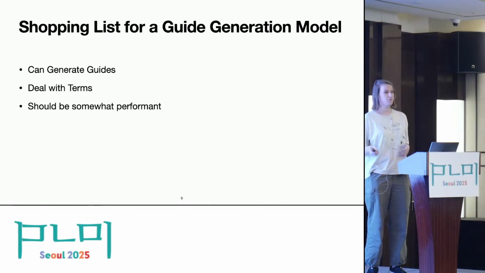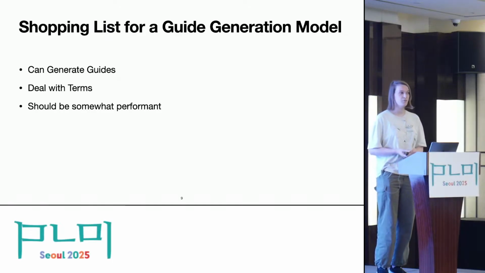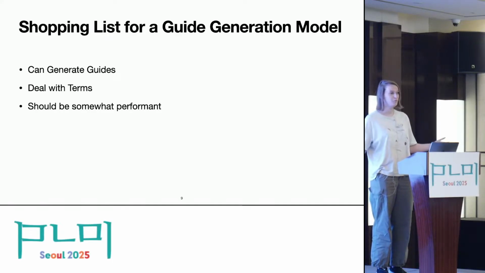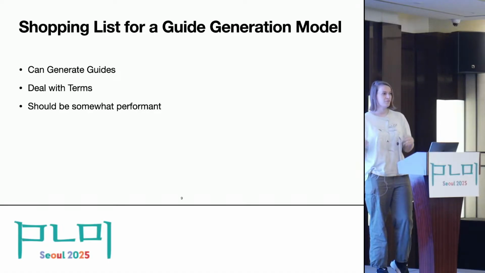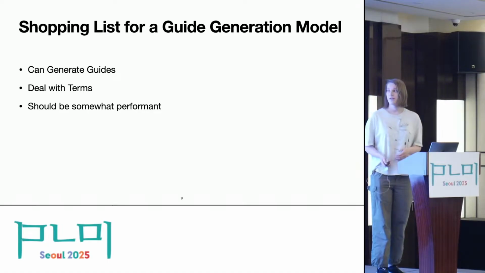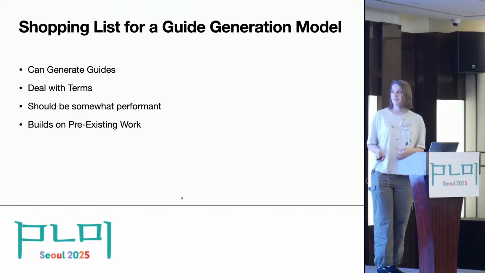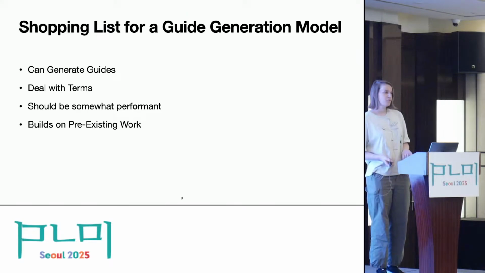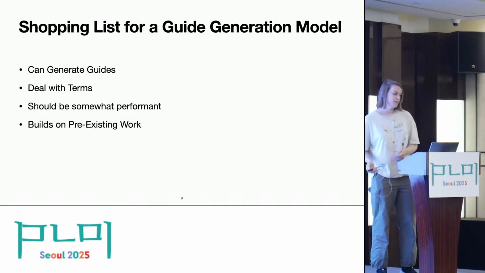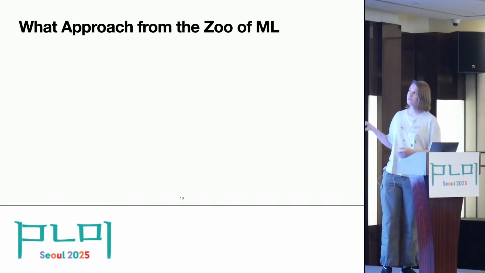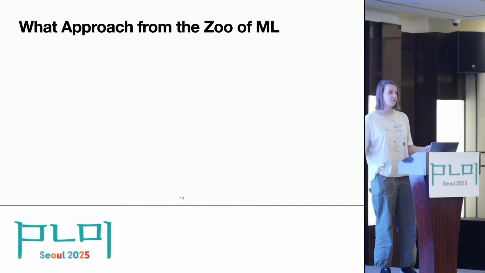They also should be somewhat performant because we don't want to run a cluster or a supercomputer for solving relatively simple problems. And hopefully it builds on pre-existing work because we don't want to reinvent everything. So when we go shopping with this shopping list to the zoo of ML, what can we pick?